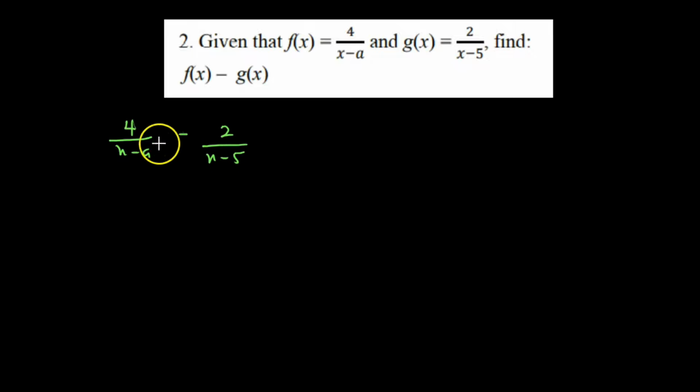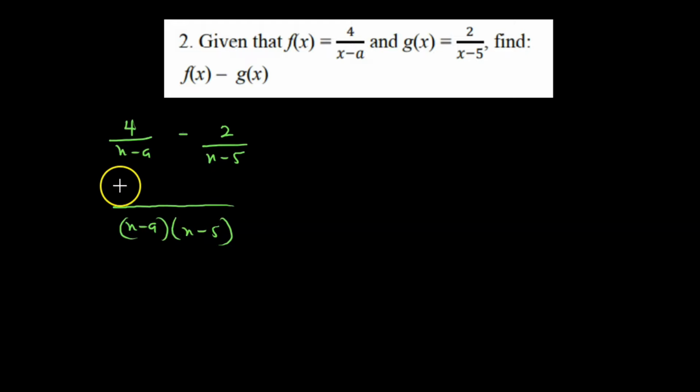Now, since we don't have any common factor between x minus a and x minus 5, it means we just bring them together as x minus a multiplying x minus 5. And therefore, x minus a will go into the LCM x minus 5 times.